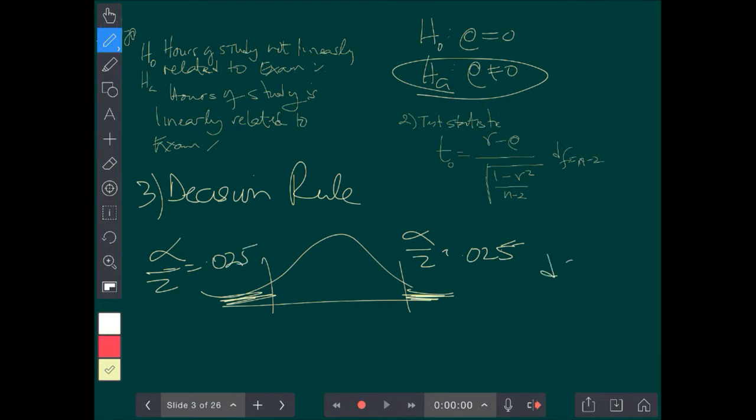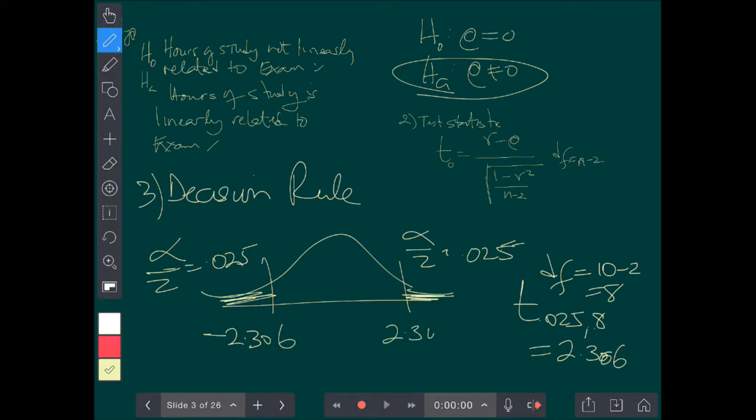Now our degrees of freedom is 10 minus 2, which is equal to 8. And so therefore our critical value will be t alpha over 2, which is t 0.025, 8. That turns out to be 2.306 if we look it up in the table. And so therefore this is negative 2.306, positive 2.306. And in terms of the critical value approach, if the t value is greater than 2.306, we reject the null hypothesis, or if the p-value is less than alpha.